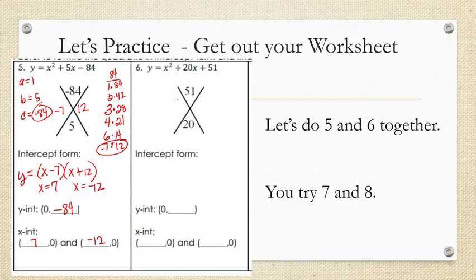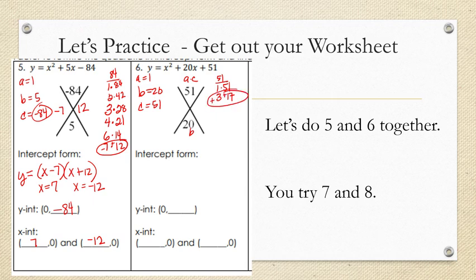All right. Okay, A is 1, B is 20, C is 51. So this is your A times C, this is your B. So 51 is going to be 1 and 51, 3 and 17. I don't know if there's anything else. So we're going to use these two.